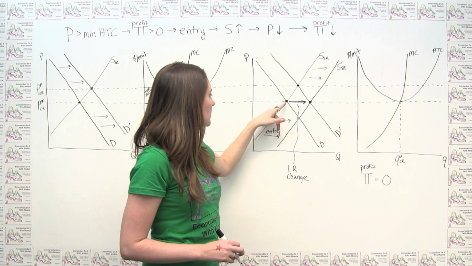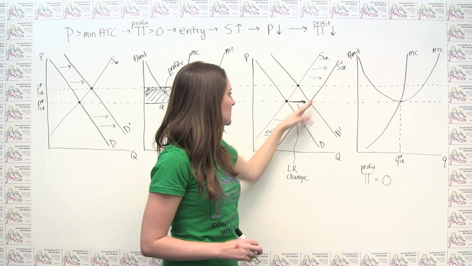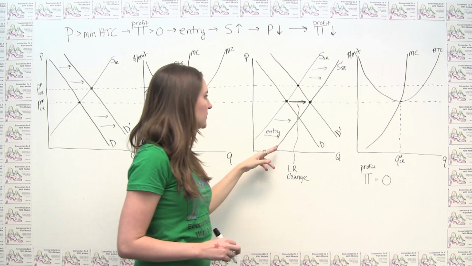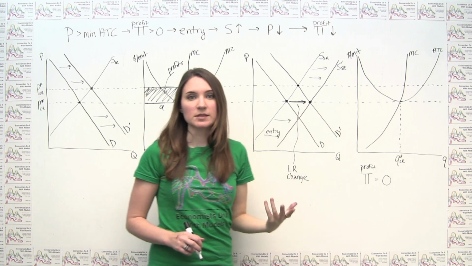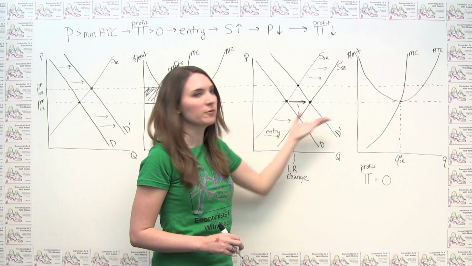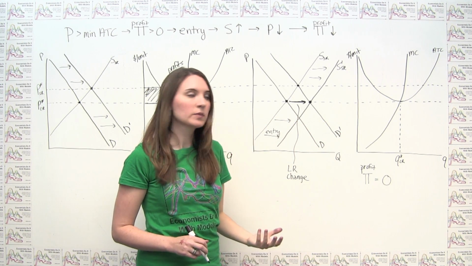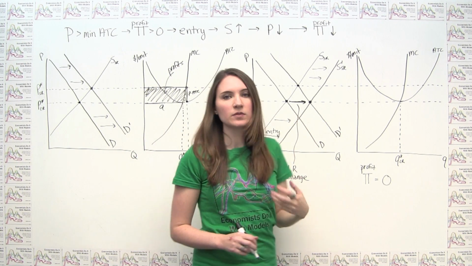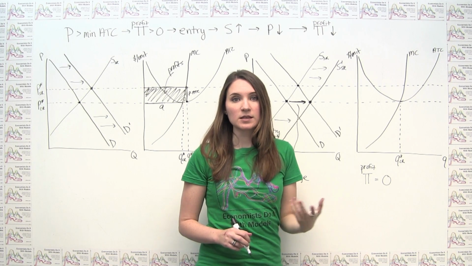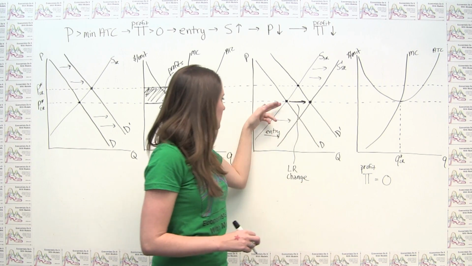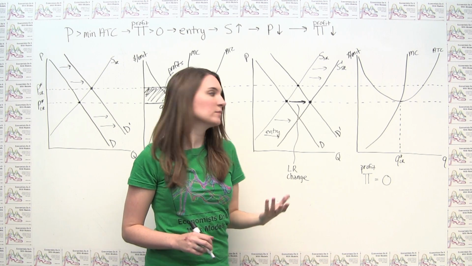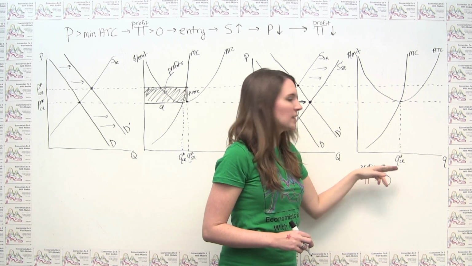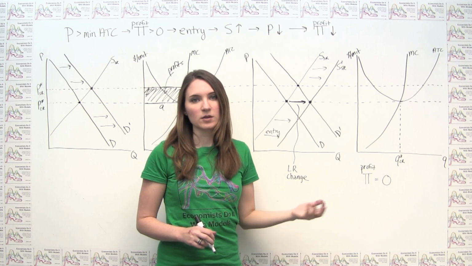So it ended up at the same price it started at, but it ended up at a higher quantity, because even though we have each firm producing the same amount as it did before, we have more firms because of this entry. So we can see when we have an increase in demand in the long run, we end up seeing an increase in the quantity produced because we have more firms, but we don't see an increase in any individual firm's quantity or profits.